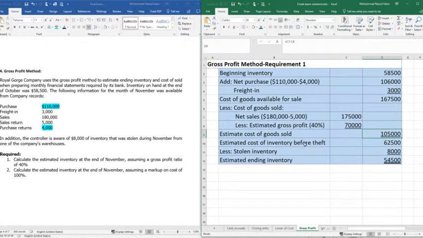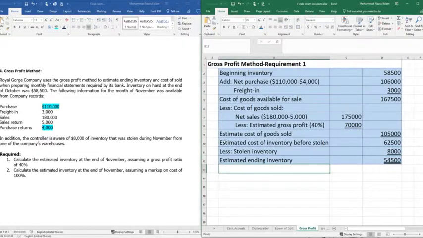So the estimated cost of inventory before theft is this one. Actually it should be before stolen. Okay, so less stolen inventory, and the estimated ending inventory is 54,500.